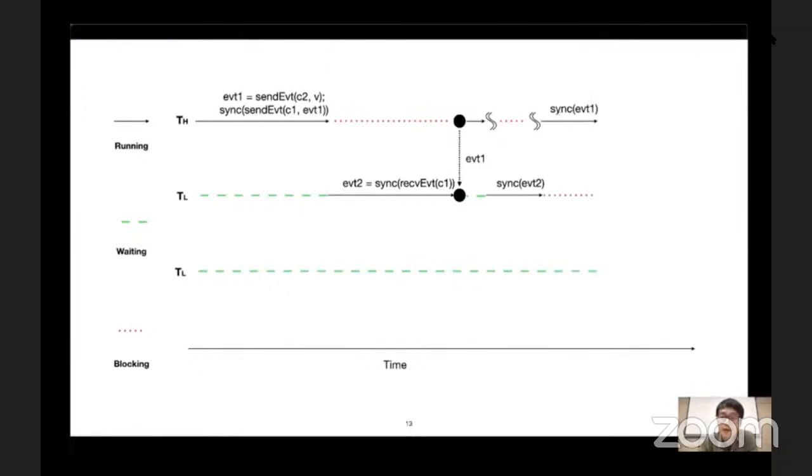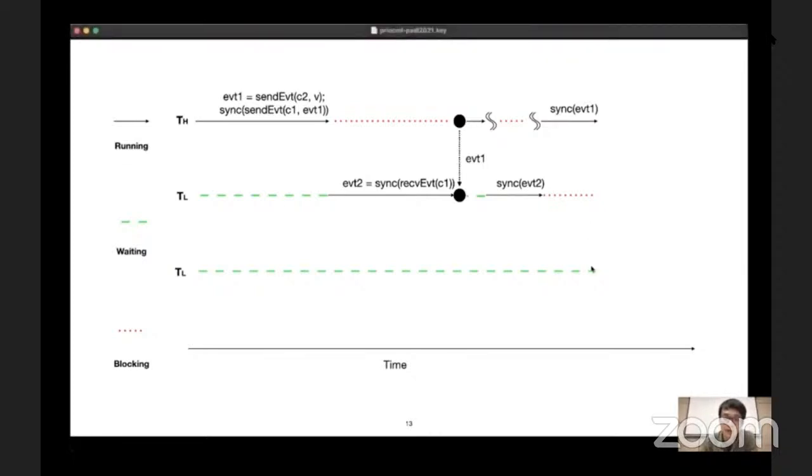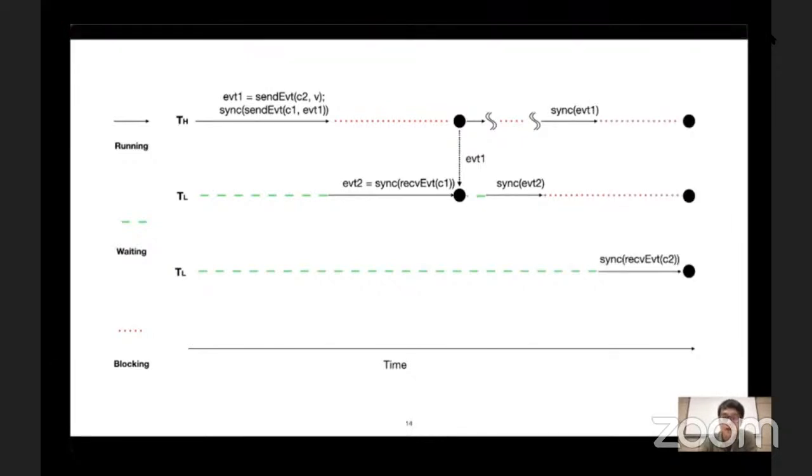When it syncs on EVT1, the high priority thread gets blocked again. Now the only thread left is the low priority thread at the bottom, so we get a chance to switch to it, and it syncs on the receive event from C2.